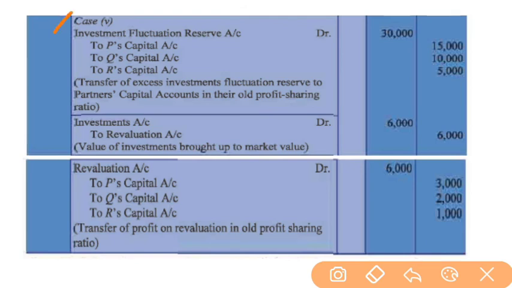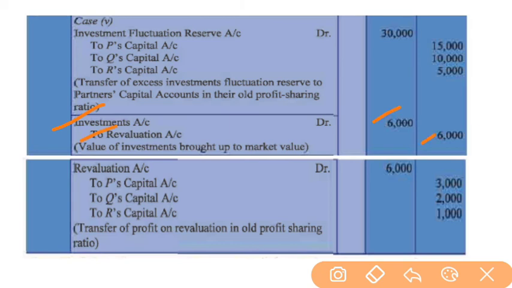Investment fluctuation reserve account 30,000 to P's capital, Q's capital, R's capital, as we did in cases 1 and 2. It will be divided among them in their old profit sharing ratio, 3:2:1, that is 3/6, 2/6 and 1/6. Now for the 6,000 by which the investment was more, the investment account will be debited by 6,000 and revaluation account credited by 6,000.